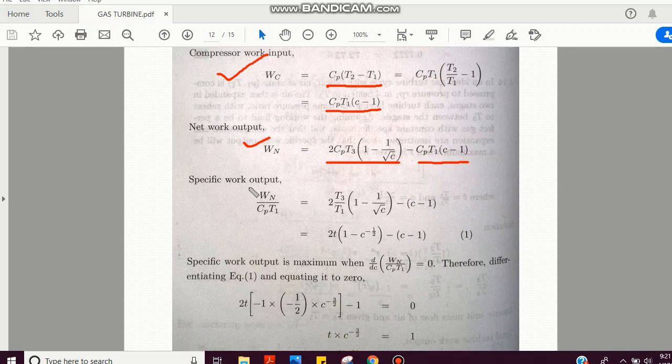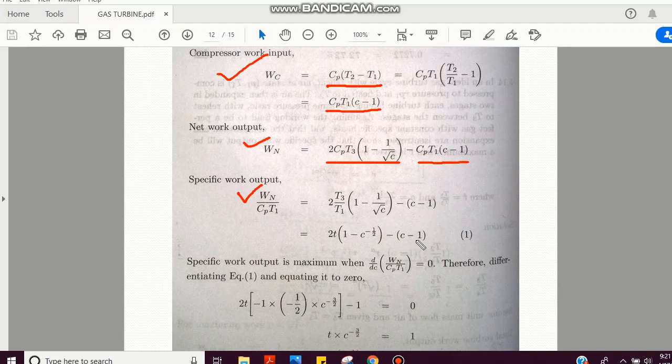So the specific work output is Wn by Cp into T1, that is 2 into T3 by T1 into 1 minus 1 by root C, minus C minus 1. So that becomes 2 into small t into 1 minus C to the power minus half, where this value is 1 by root C, minus C minus 1.